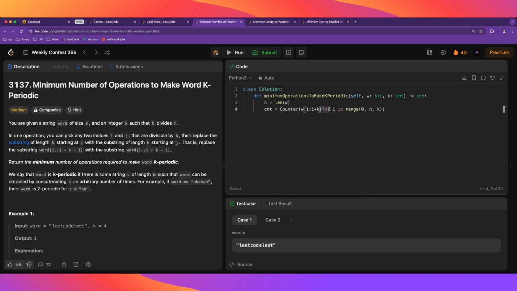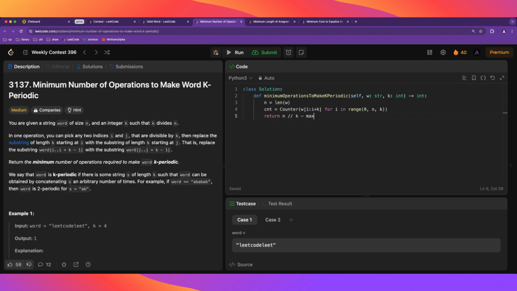So here we break it down into all these units and we count them. Then the answer is going to be how many don't have the most frequent. There are n divided by k blocks or groups, and we subtract the ones that are the most frequent.